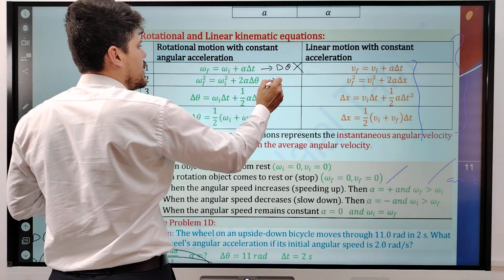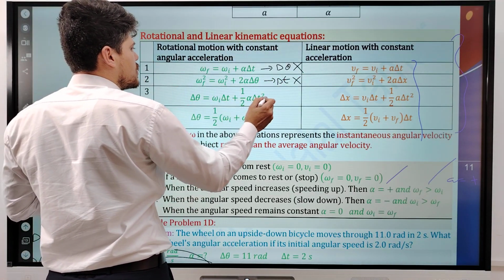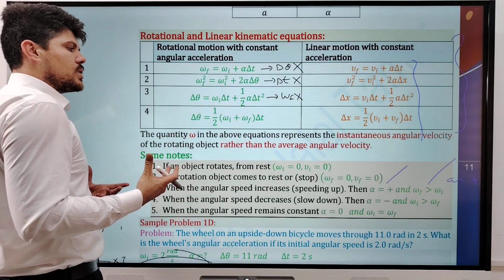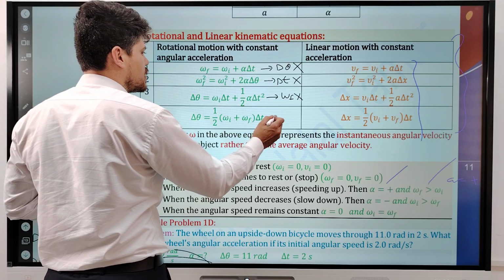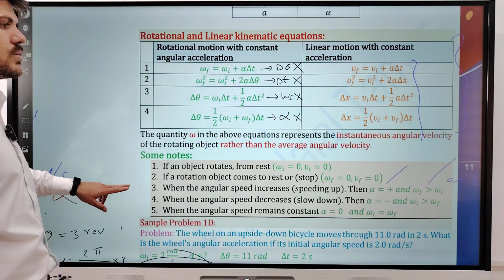The second, when time is not given or not required. The third equation, when omega final is not given and not required to find it. The last equation can be used when angular acceleration is not given and not required to find.